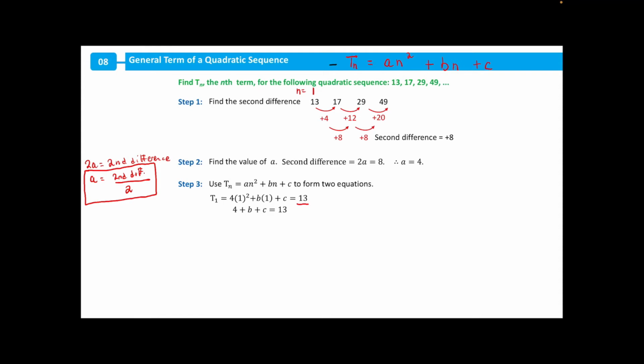Bringing numbers to one side of the equation, we get b plus c equals 13 minus 4. b plus c is equal to 9. We now form a second equation using the second value in our sequence.